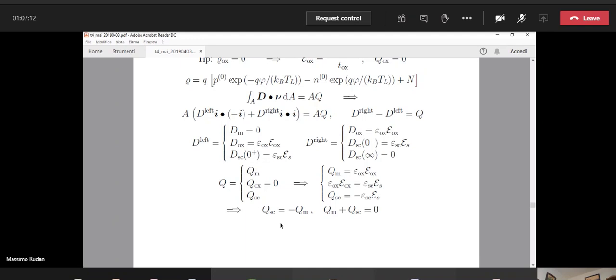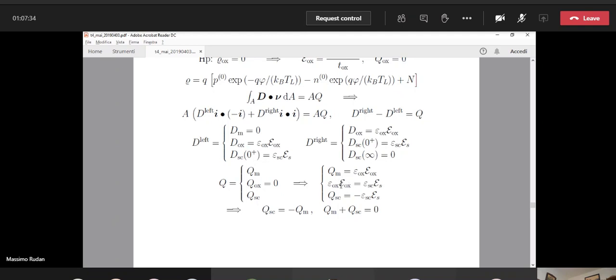Before we close, there is another observation. You see that the second relation here provides a relation between the value of the field in the semiconductor at the surface and the field in the insulator.